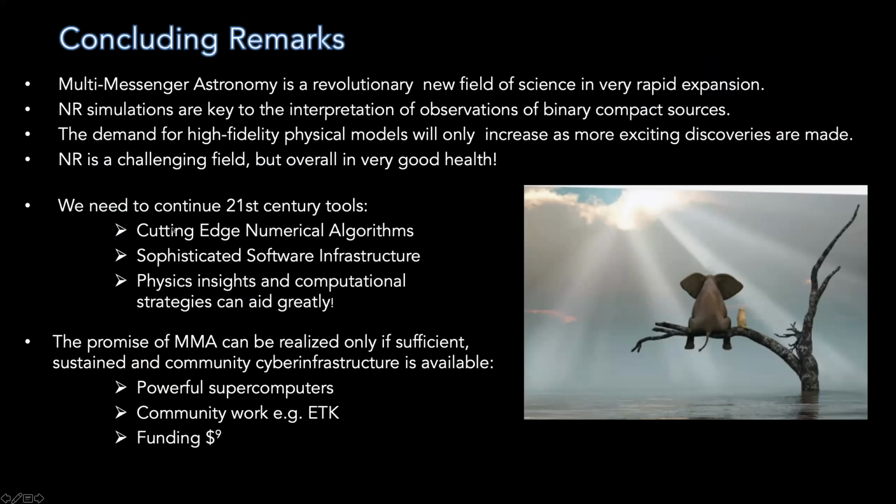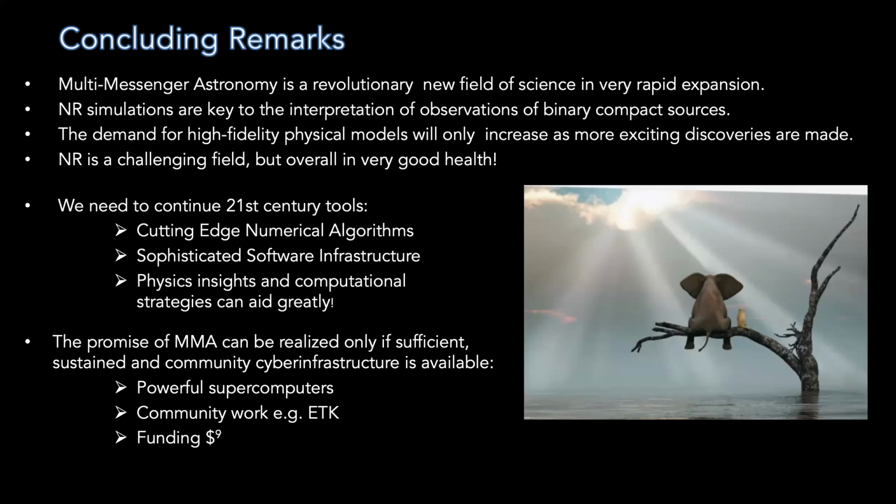I just want to say here that we absolutely need to continue to develop our 21st century tools. This involves cutting-edge numerical algorithms, sophisticated software infrastructure, and physics insight, and computational strategy can also, by the way, aid greatly.